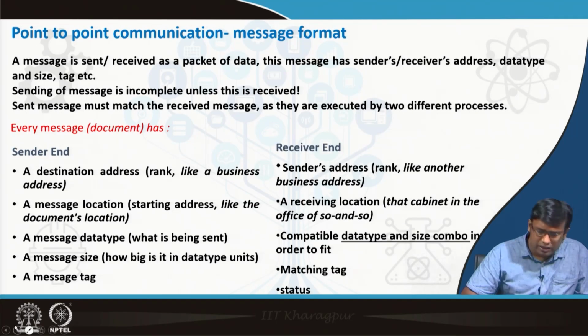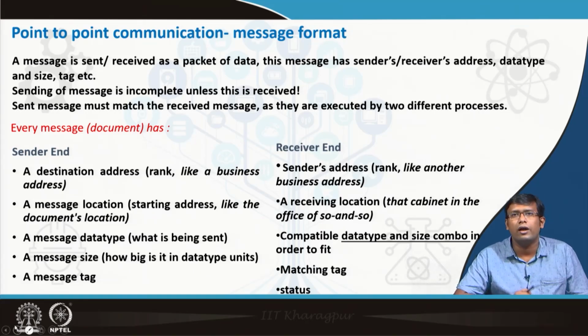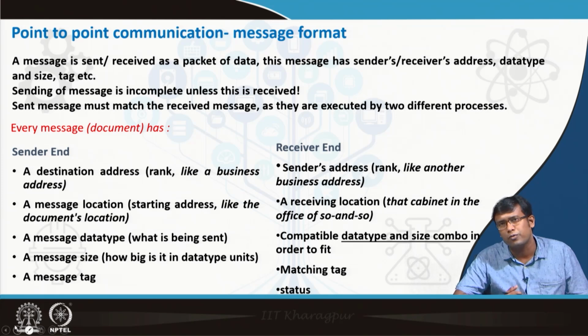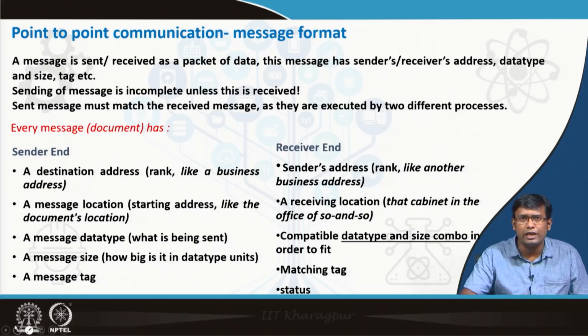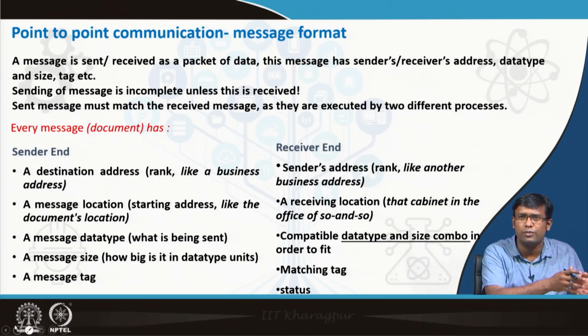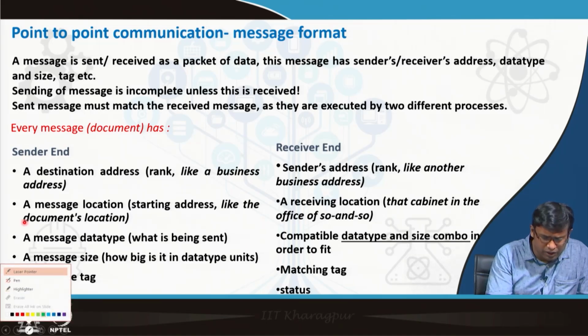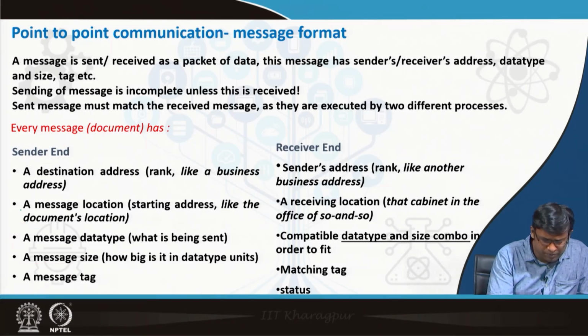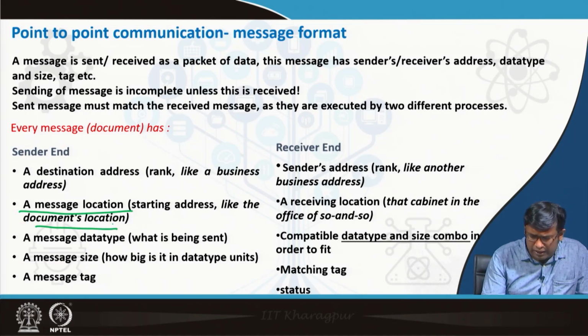And the receiver will have the sender's address, who is sending it; the receiving processor should know from which rank this message has been sent. What is the receiving location? Once the message comes, where should he keep it? The message location on the sending side is in the sender's local memory, and this is the receiver's local memory.